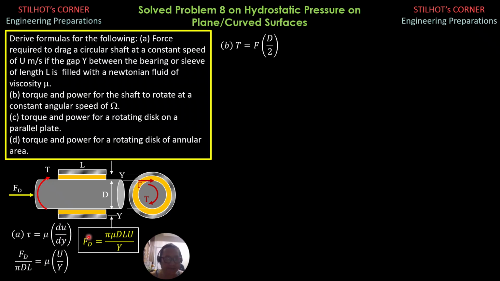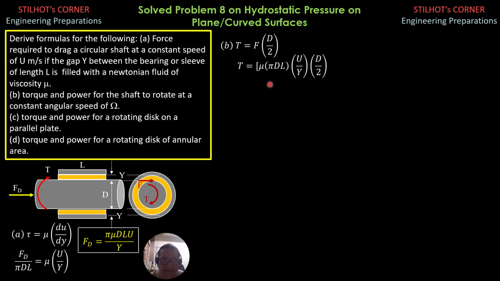Then times U, which is the tangential velocity, related to angular velocity as omega in radians per second times r, where r is D over 2. So F is mu times pi D L, the area, times capital U over Y, times D over 2.